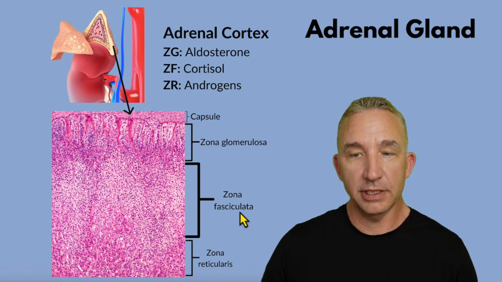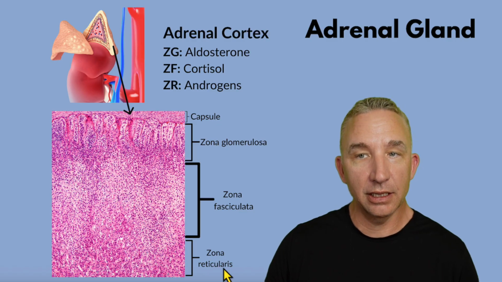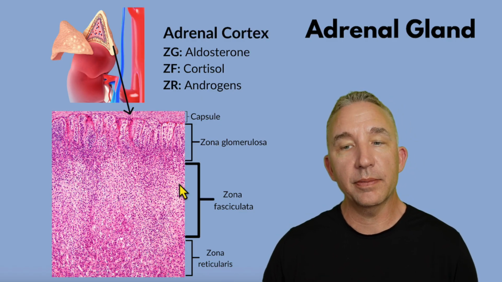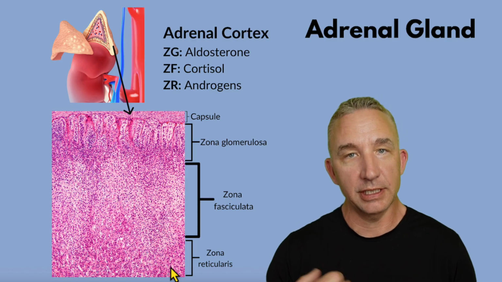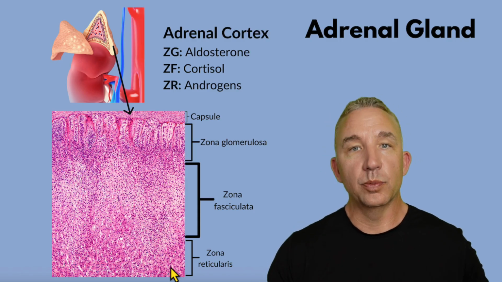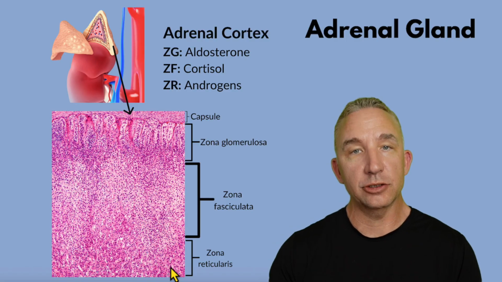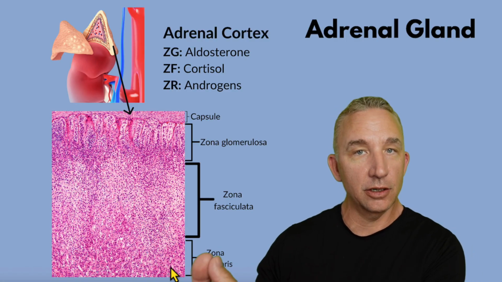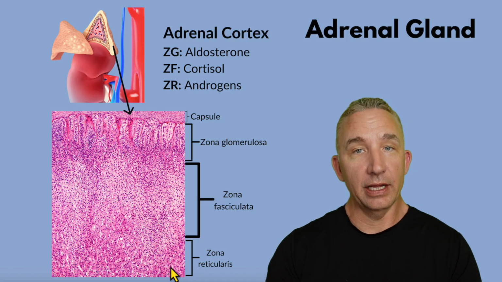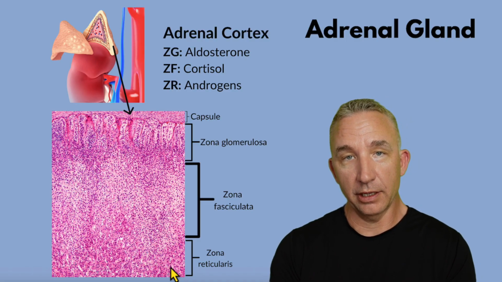So zona fasciculata, and then zona reticularis is referring to androgens. And androgens is primarily part of our reproduction or sexual characteristics when we think of things like the ability to produce testosterone or estrogen. So we talk about our testes and our ovaries. This helps with that cascade effect when we allow for that growth of our sexual characteristics.